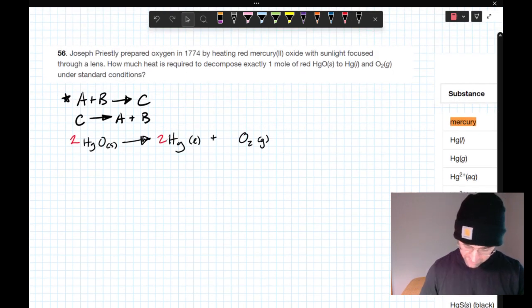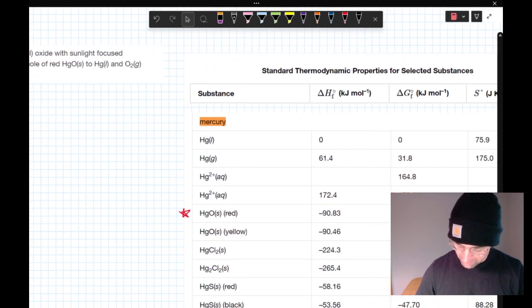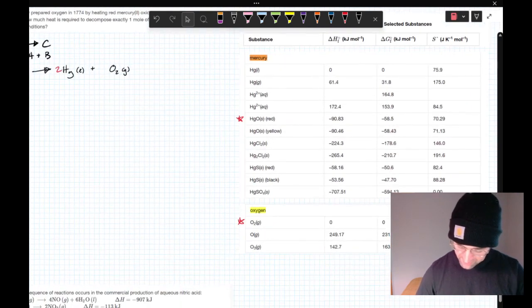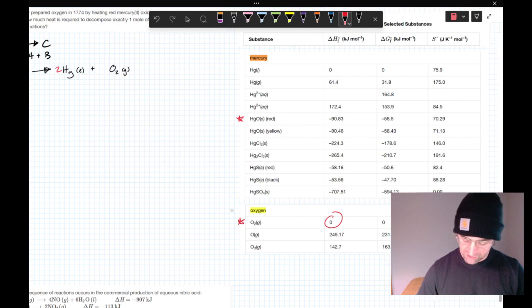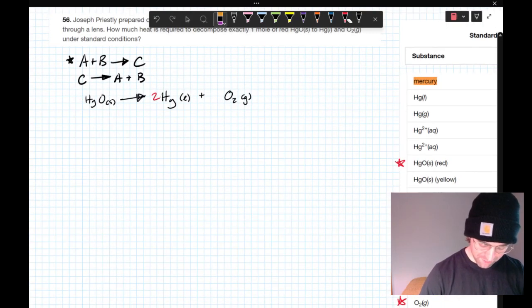But because the question asks how much heat is required to decompose exactly 1 mole under these conditions, and because the change in enthalpy of formation for gaseous oxygen is 0, and anything times 0 is 0, we don't really need to worry about that.